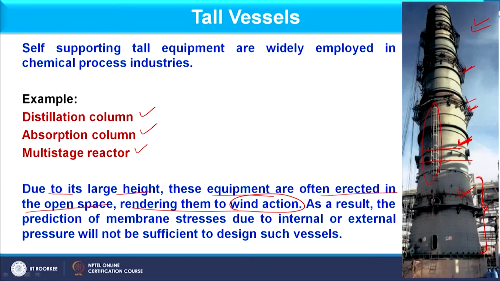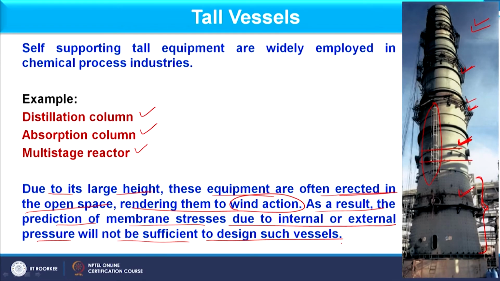Once we have wind action and erection takes place at the outer surface of the vessel, as a result the prediction of membrane stresses due to internal or external pressure will not be sufficient to design such vessels.